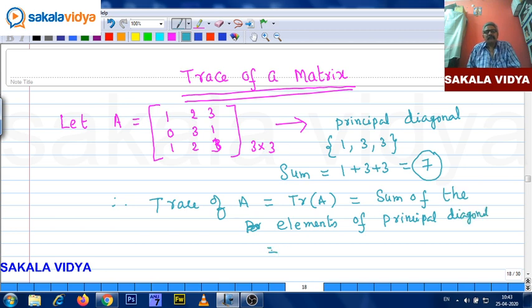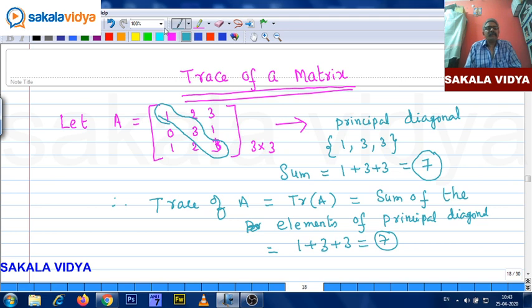That is 1 plus 3 plus 3, which equals 7. This is the principal diagonal, and the sum of these elements is nothing but the trace of a matrix.